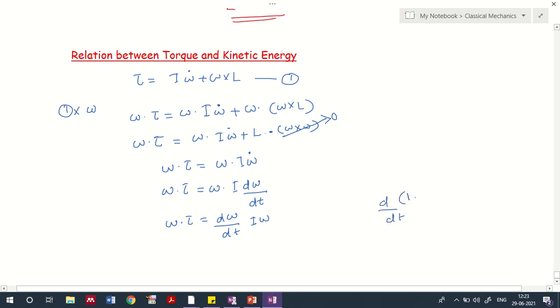Like earlier, we can give a substitution like this: d by dt of half I omega square is equal to what? It is I omega omega dot. So we get a relation that omega dot tau is equal to d by dt of half I omega square.